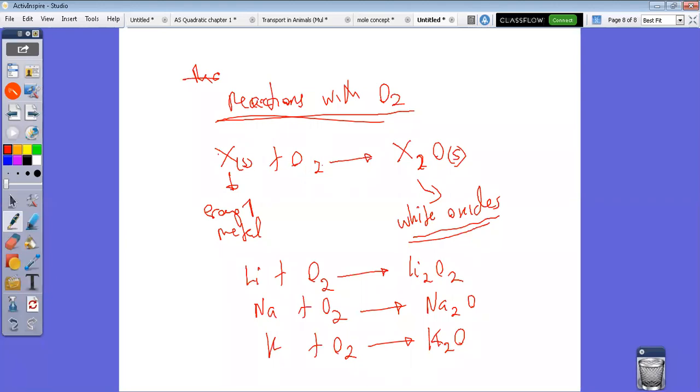It reacts steadily with oxygen or with air at room temperature. So you don't need to add heat for any of them. Then potassium reacts rapidly with oxygen. And they all form white oxides, by the way. Clear? Making sense?